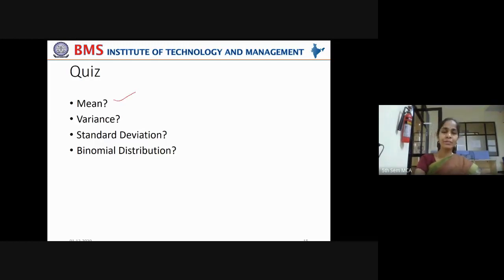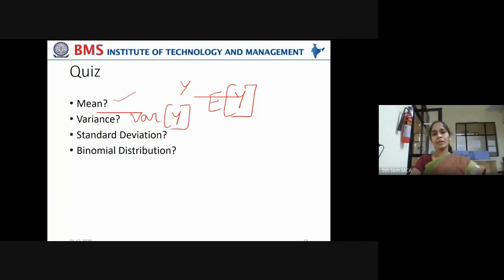Okay, now tell me, what is mean? Students, how is mean or expected value represented? The mean of a random variable y is represented as E of y, expected value of y. Now, how is variance of a random variable represented? Variance of y. Now, tell me, how is the standard deviation represented?